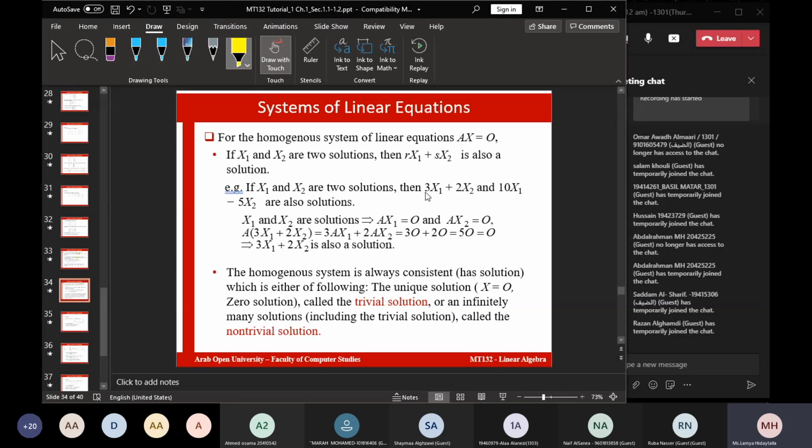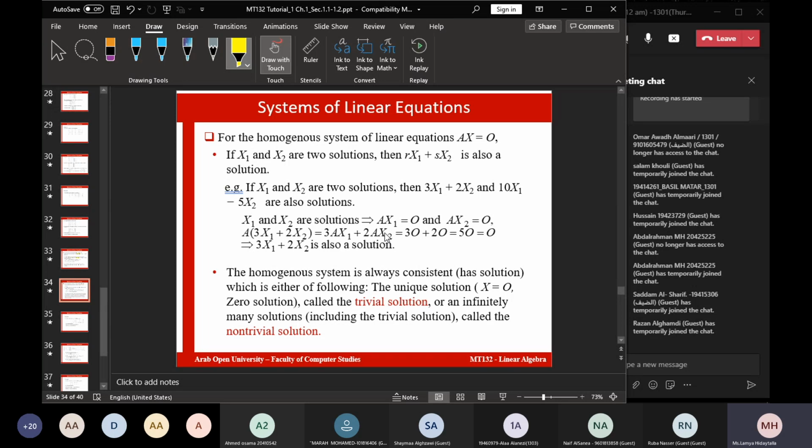Moreover, for any other numbers, for example 3 and 2, does their addition have to be 1? No, it's 5. Now when I substitute it and distribute, it gives me 3Ax1 plus 2Ax2.